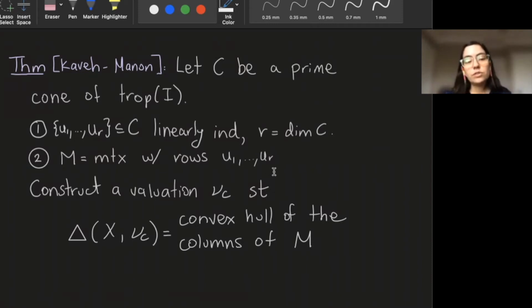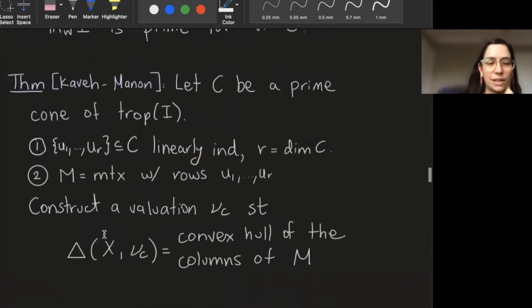And then you construct a matrix that has as rows those vectors you just picked. And then you construct a valuation as follows. I'm not writing it here, but we will see it in an example. So you construct a valuation such that the Newton-Okounkov body is going to be the convex hull of the columns of your matrix.